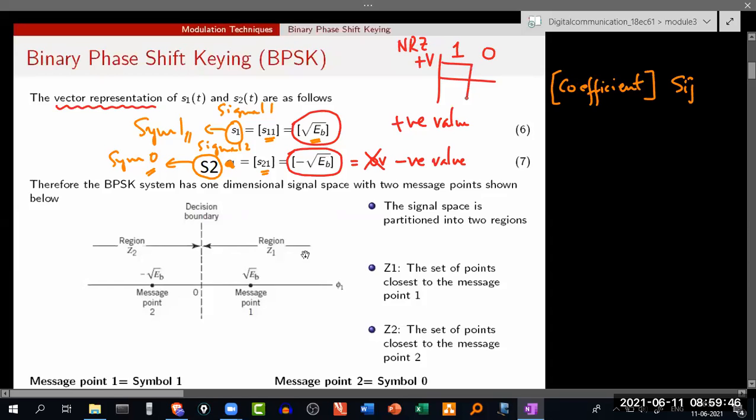And for the other interval, where I'll get bit 0, I'll make use of negative V volts. So the only change here is instead of using positive V volts, we are using positive square root of EB for bit 1, and negative square root of EB to indicate bit 0, because of which we got to use polar NRZ line coding. So that's the reason.